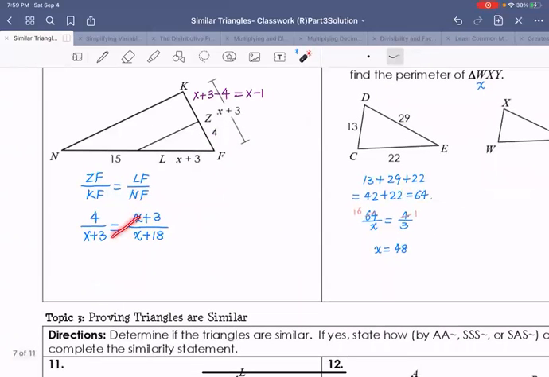What do you do next? So 4x plus 72 equals x squared plus 9. And so then it's 4x minus, hold on.